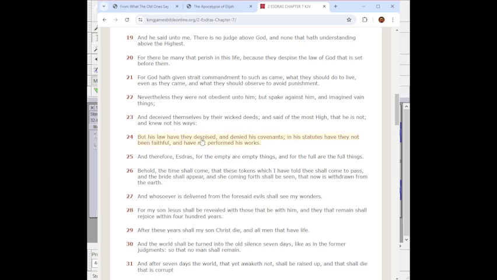His law they have despised. They denied his covenants. In his statutes they have not been faithful and have not performed his works. Instead, they performed their own works so that they could get material gain.